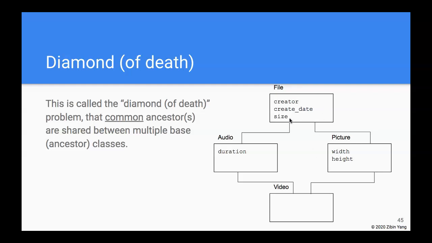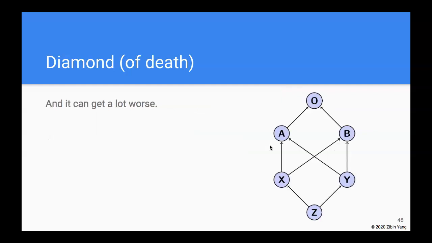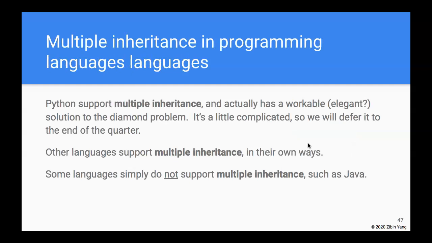And this is the simplest of the diamond problem. It actually can get a lot worse, and there can be multiple common ancestors here, and it's a real mess. But anyway, this is a problem that only exists in multiple inheritance, right? If it's single inheritance, we'll never run into a situation where we have common ancestors.